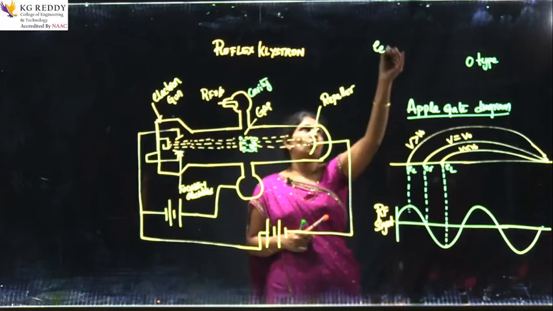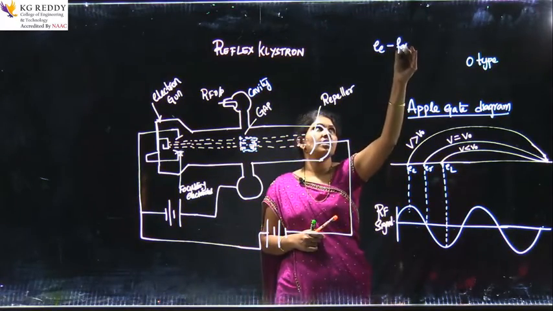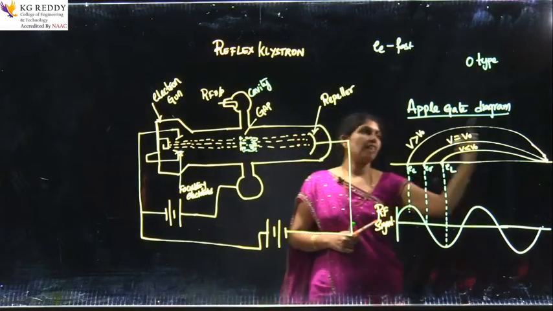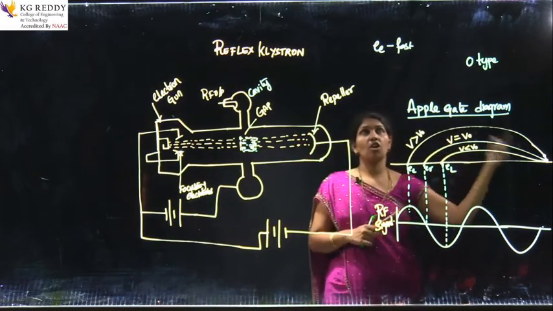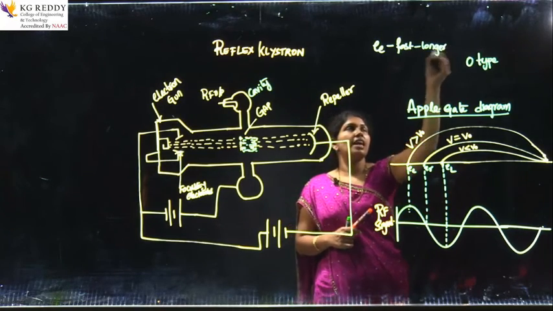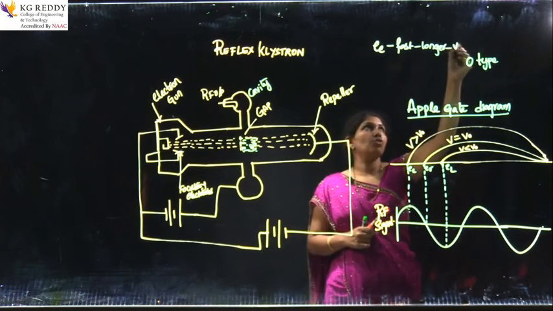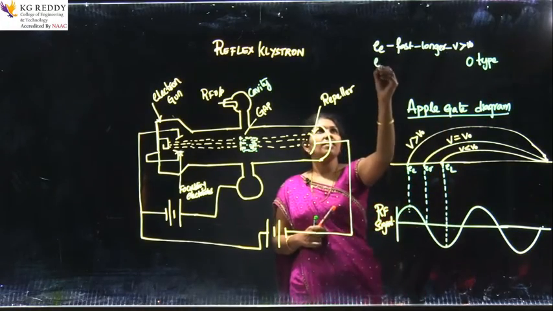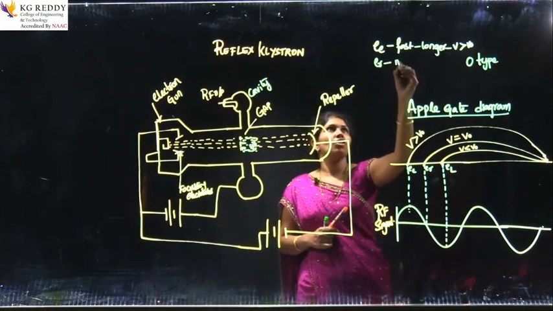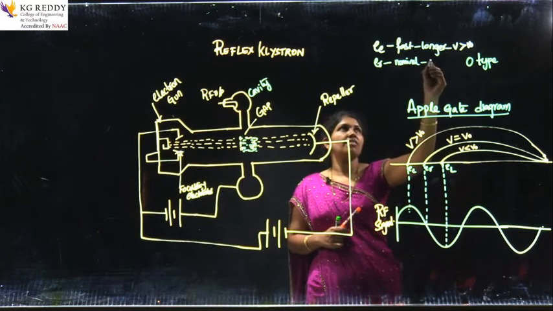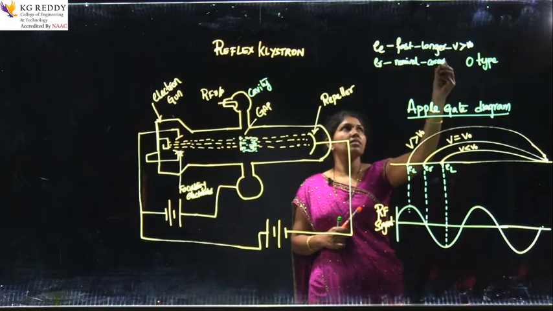The early electron moves fast and moves deep into the repeller space. So, it travels with great velocity, V greater than V naught, and to a longer distance. The reference electron moves with nominal speed and travels to the correct distance.